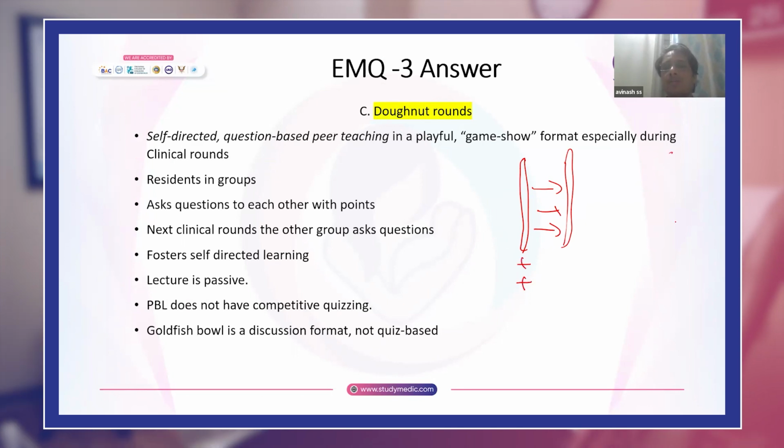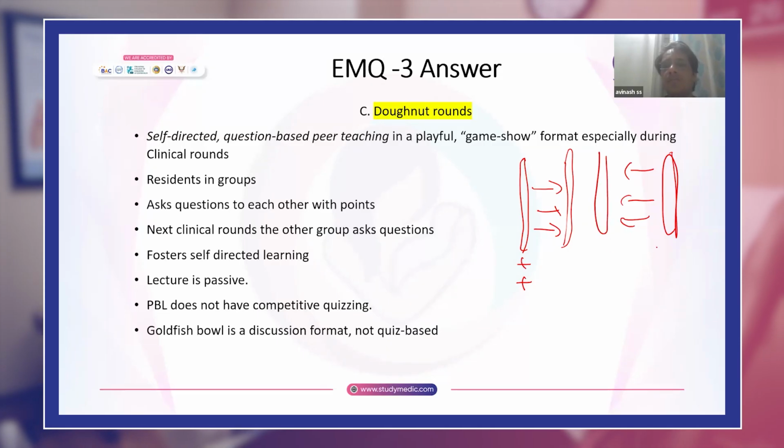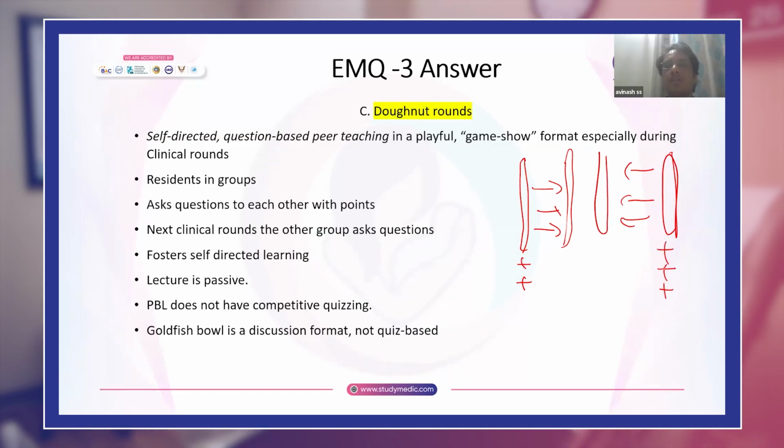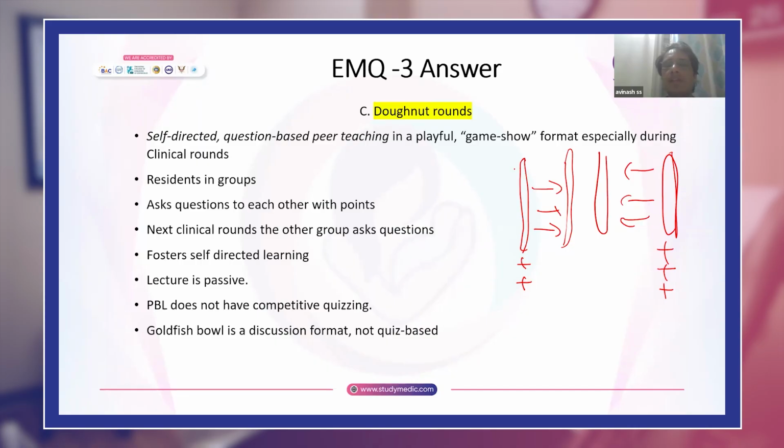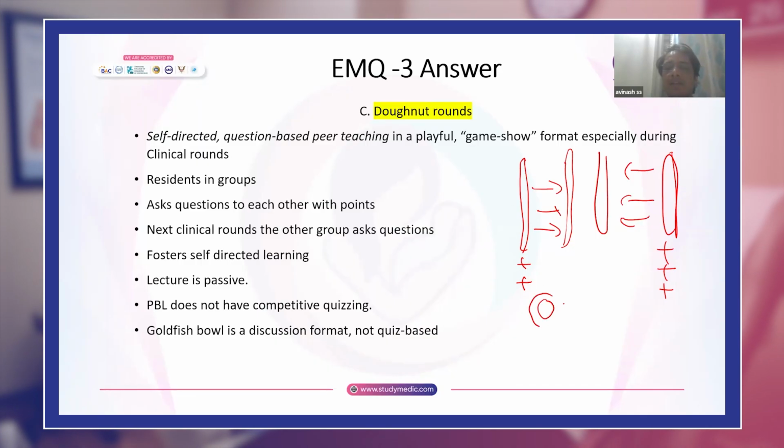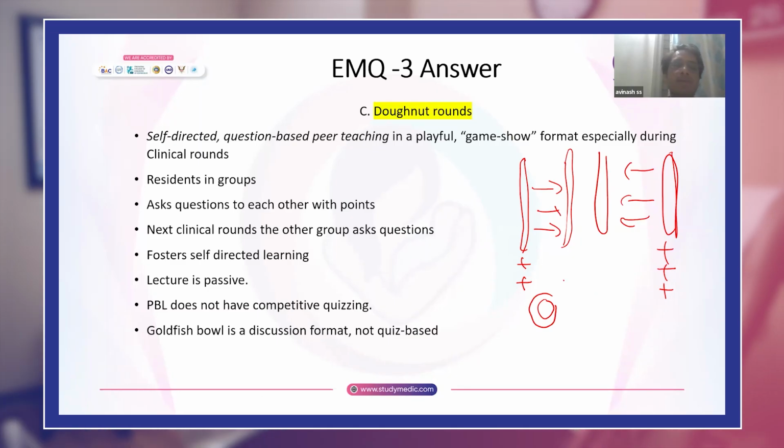Then in another round, the second group asked the question to the other and the scoring was done. So this prompted active learning in them, and competition enhanced the learning. So while this was happening, he was literally eating donuts is what he said in the paper. So this type of rounds is called donut rounds.